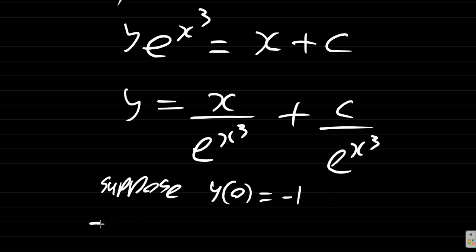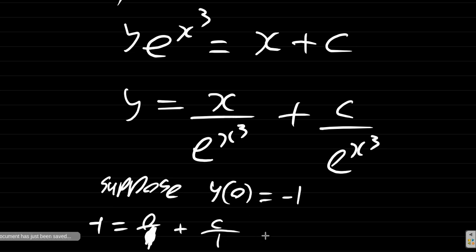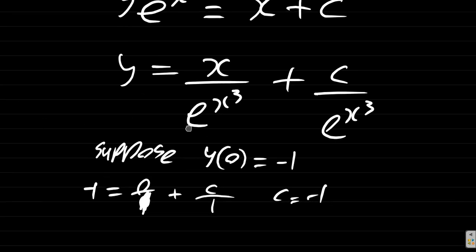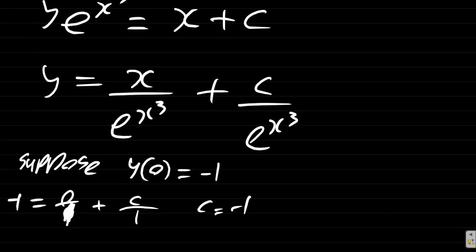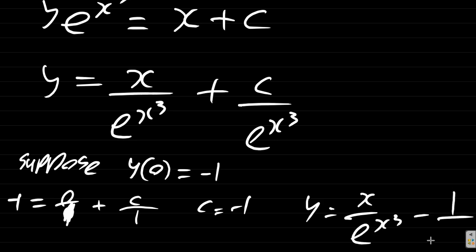What you get is negative 1 equals 0 over e to the 0, which is 1, so 0 over 1, plus c over e to the 0, which is 1. So c is negative 1. So the solution that you will get is y equals x over e to the x cube minus 1 over e to the x cube.